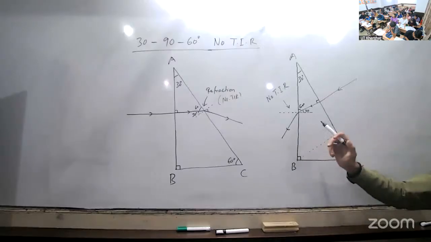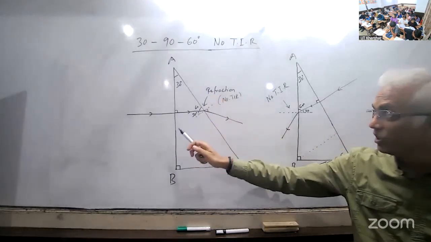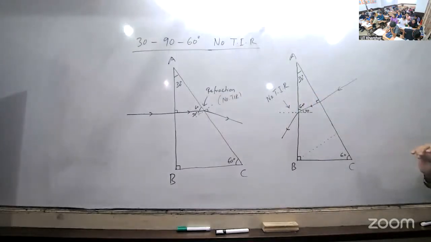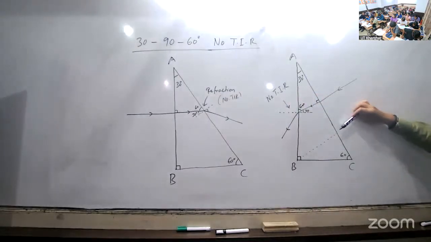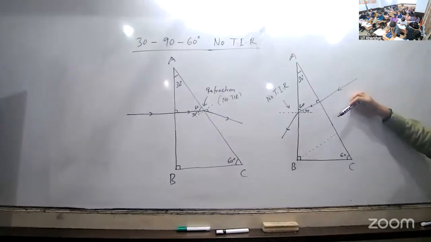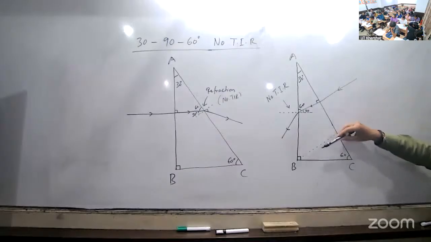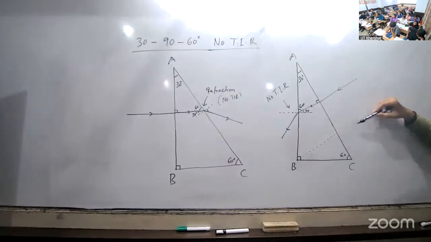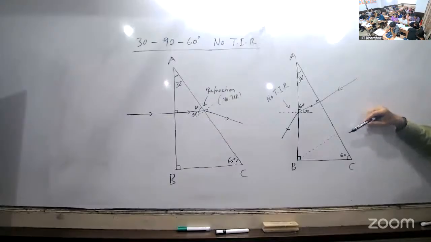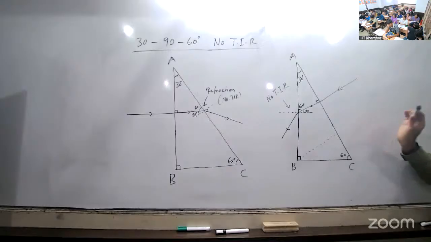These two cases, when the ray is incident from face AB and AC, there is no TIR till it is incident within this region. From vertex B, if a perpendicular is drawn on the hypotenuse, and if the ray is incident within this, then there will be a TIR. Okay, so let's draw.